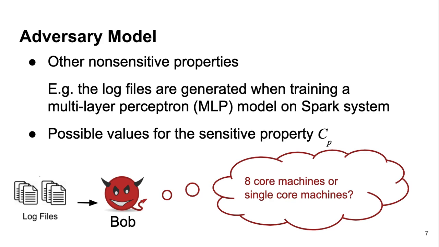Besides the shared log file, we assume that Bob also knows the non-sensitive properties shared by Alice and a set of possible values for the sensitive property. The goal of Bob is to infer the sensitive property. In our case, he wants to guess whether Alice used the 8-core machines or the single-core machines in her experiments.